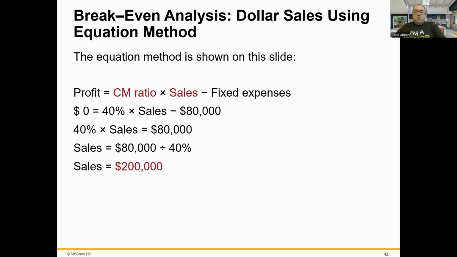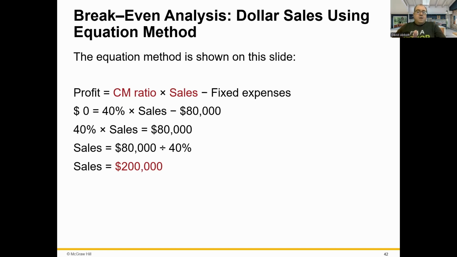What we're trying to find out is how much in sales we need. And again, this is something that, as a manager, you would more likely want to know: what level of sales are required. So we know our profit we want is 0, contribution margin is 40%, fixed expenses is 80,000.